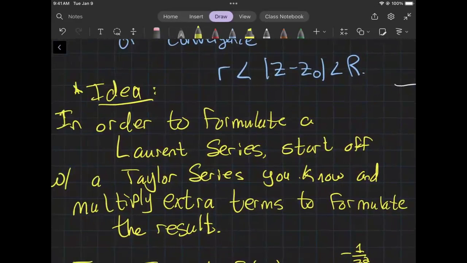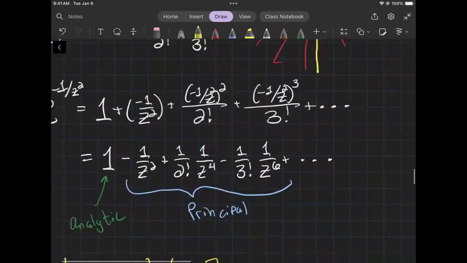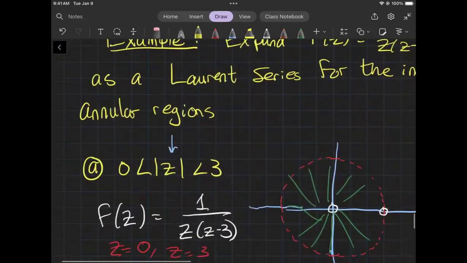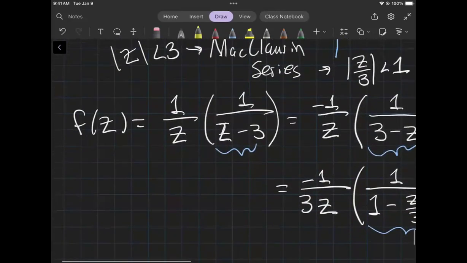So in order to formulate a Laurent series, you want to start off by re-expressing your function first in order to fit a Taylor series, and then you can build off that to get a Laurent series for the function. That's what I'm doing here.